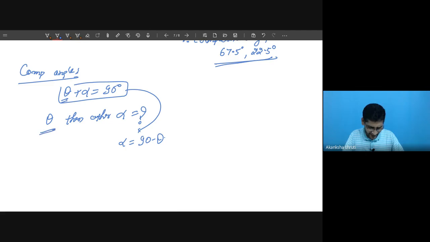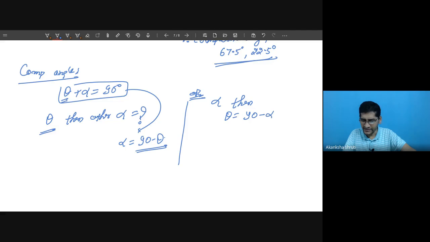So I am directly writing in terms of one variable only. Rather than taking the two variables alpha and theta, I can take the complementary angles simply as one as alpha and the other as 90 minus alpha, or one as theta and the other as 90 minus theta. Or if we are taking alpha, then we can calculate theta equals 90 minus alpha. So this way, just take one variable alpha and another variable 90 minus alpha, meaning 90 minus that angle.